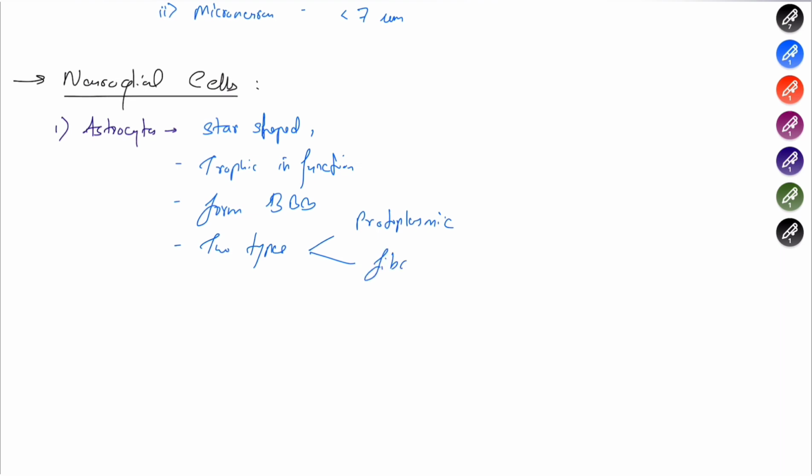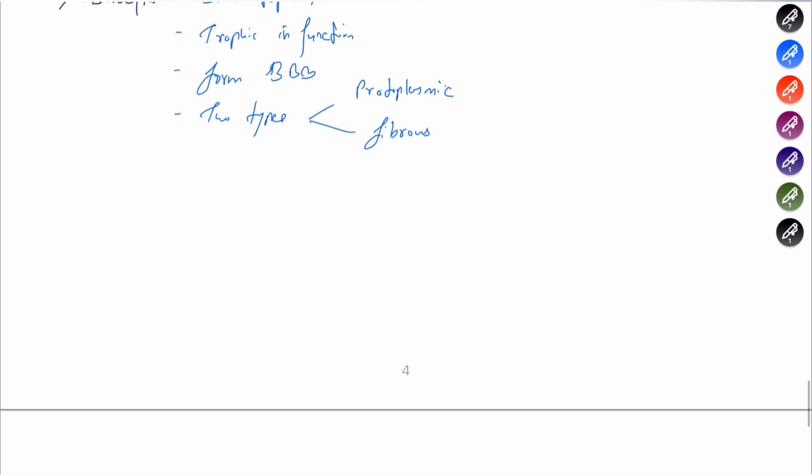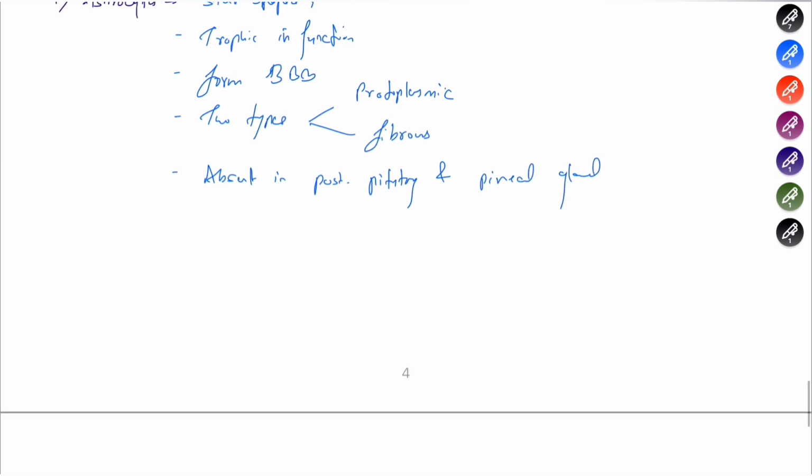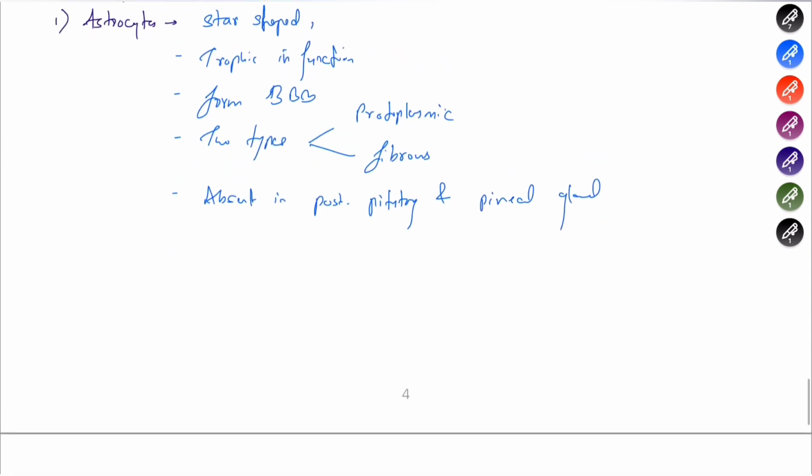Protoplasmic are large in size as compared to the fibrous, and they are absent in the posterior pituitary and the pineal gland. Their main function is to form the blood-brain barrier. It is important.